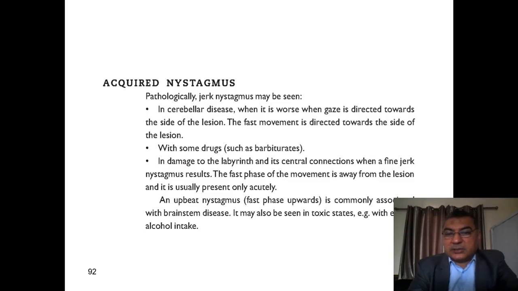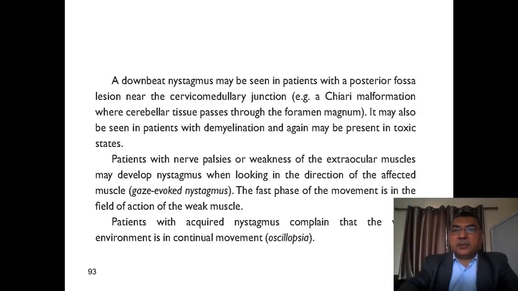Upbeat nystagmus, as we said, occurs in toxic states like alcohol intake. Downbeat nystagmus may result from Chiari malformation, cervicomedullary junction, posterior fossa lesion. Demyelinating diseases. All these types are acquired nystagmus.